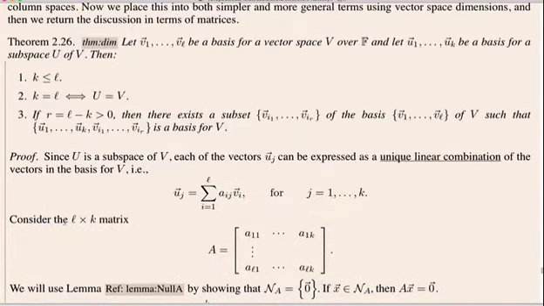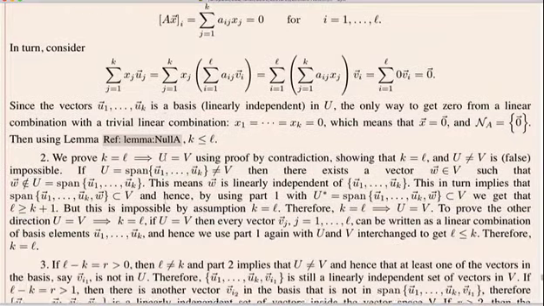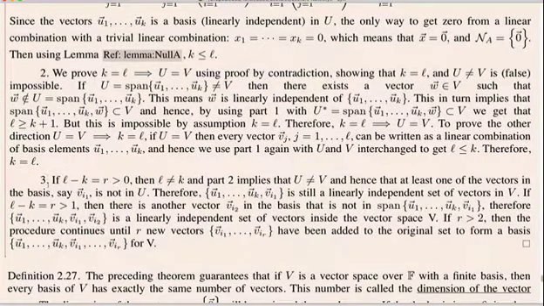For the third part, showing that if the difference between L and k is r, which is a positive number, then we can extend the U basis into a basis of V by adding some extra basis vectors from V. And the number of those basis vectors should be r. So to prove this, if L minus k equals r is positive, then that means that L is not k.